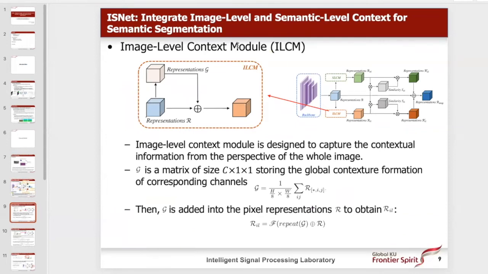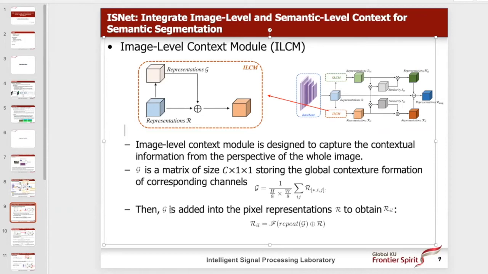And for the image level context module, it is designed to capture the contextual information from the perspective of the whole image. We can see that this part actually corresponds to here, LCM. First, we will calculate a matrix which stores the global context information of the corresponding channels. This one is the channel-wise mean value.